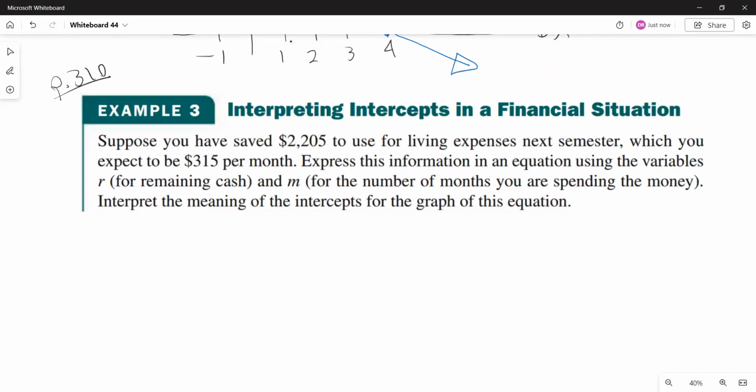Suppose that you have saved $2,205 to use for living expenses next semester. You expect to spend $315 per month. Express this information in an equation using the variables R for remaining cash and M for the number of months you're spending the money. Interpret the meaning of the intercepts for the graph of the equation.